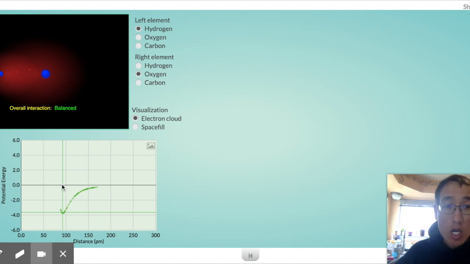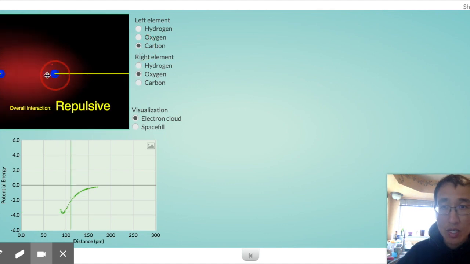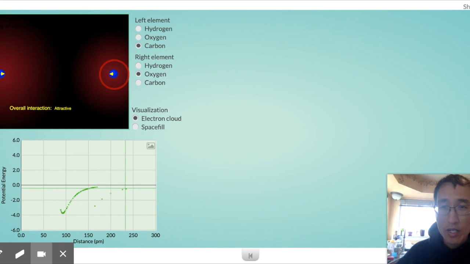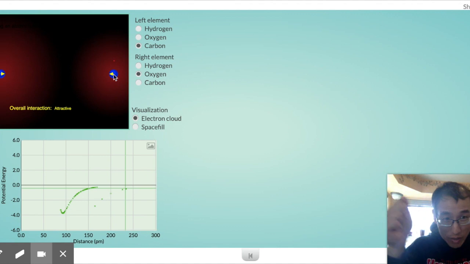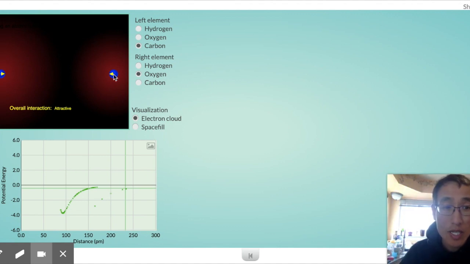Same thing when I make carbon dioxide. I'm going to take carbon and oxygen. Okay, so carbon, I'm going to start way out here. Remember, my carbon and oxygen are way far apart, and they're floating around, and all of a sudden they just start snapping together. So carbon and oxygen making carbon dioxide.